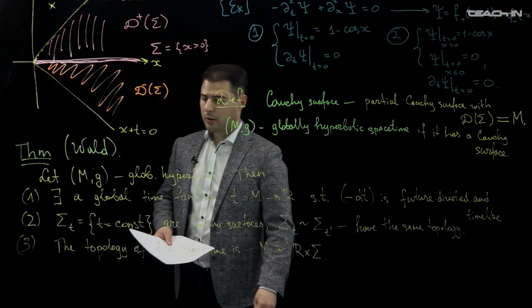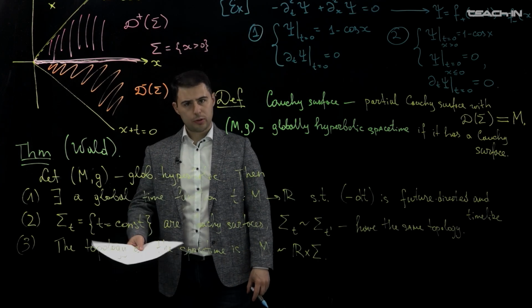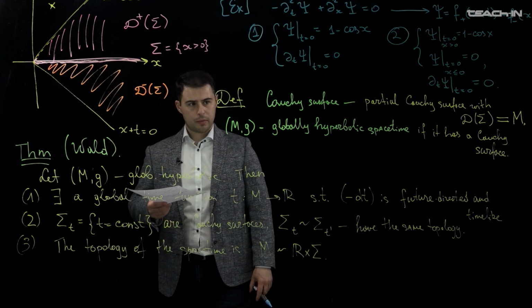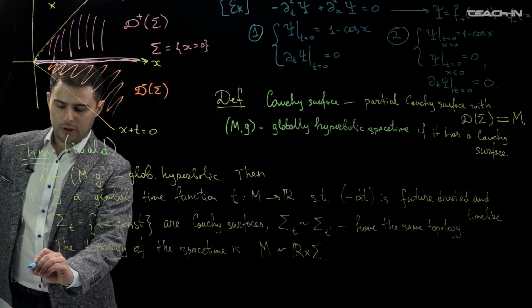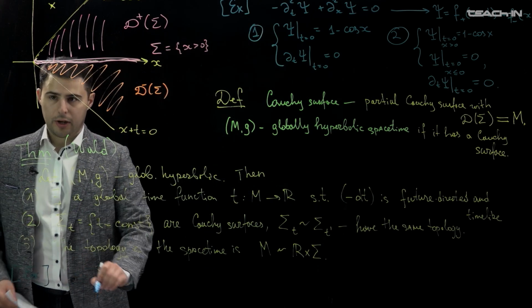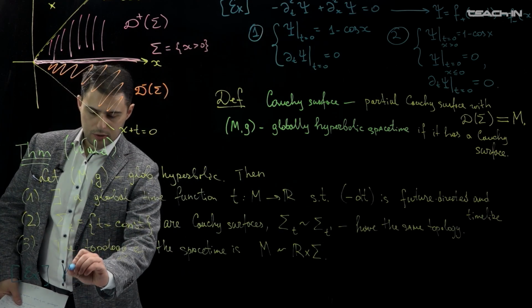Okay, so a good example is the Kruskal spacetime. Kruskal spacetime is globally hyperbolic, and the time function is given by u plus v. So, exercise.